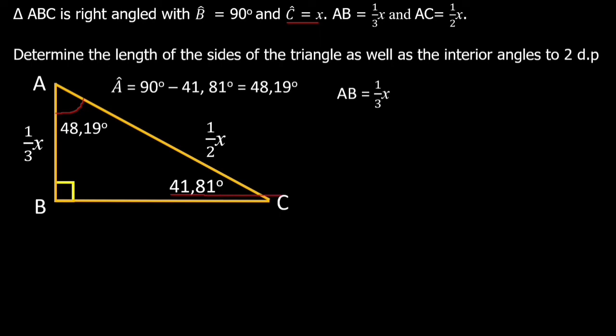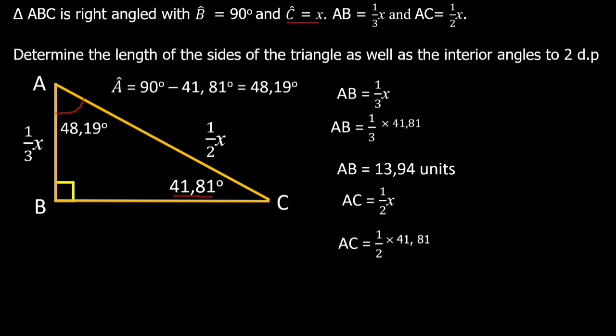So 1 over 3 times 41,81. AB is actually 13,94 units. And AC is going to be equal to half of 41,81, 20,91 units.